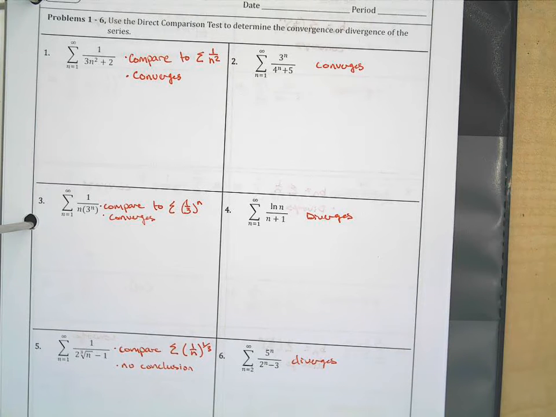What are you going to compare this to? We want to ignore the coefficient. Plus 5 is not.